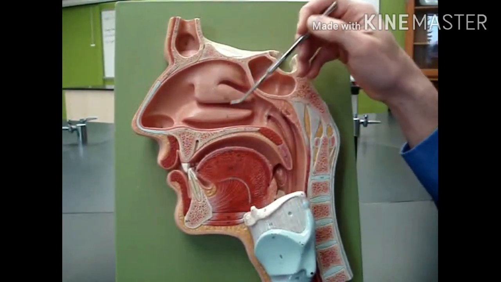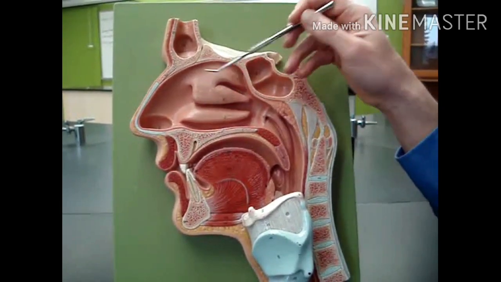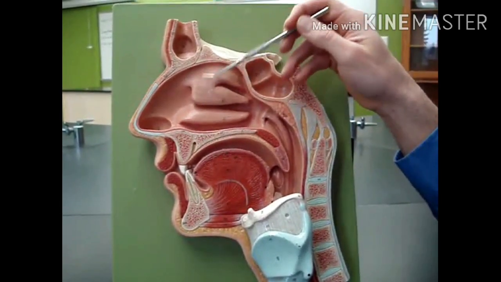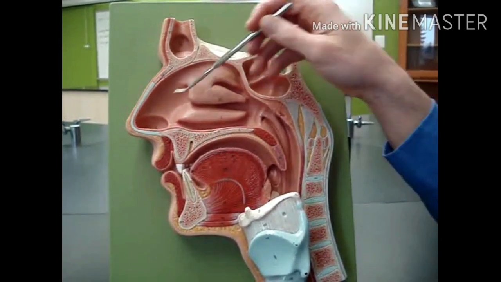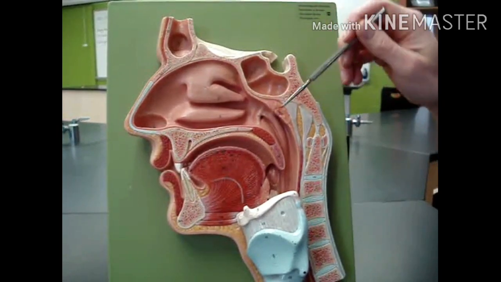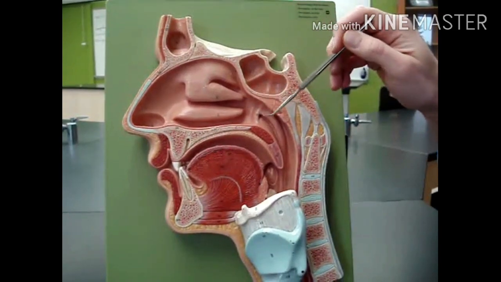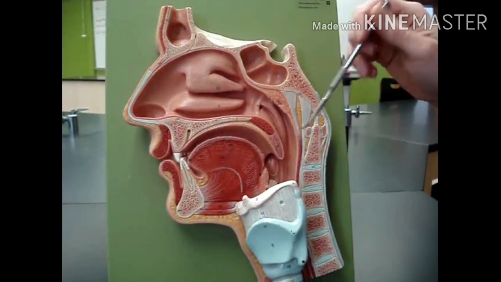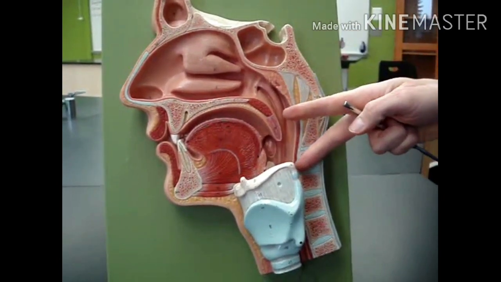So air rolls around here and gets humidified. It is the most vascular area where the mucous membrane traps air particulates or dust matter. It goes from the external to the internal layers. It is the internal meatus where the air comes down. There are three different pathways.